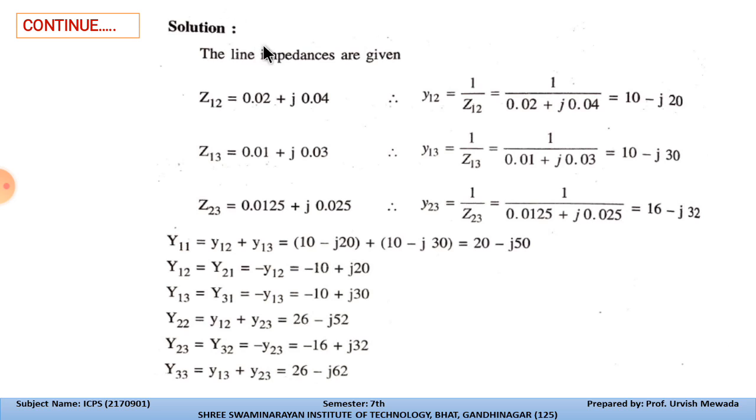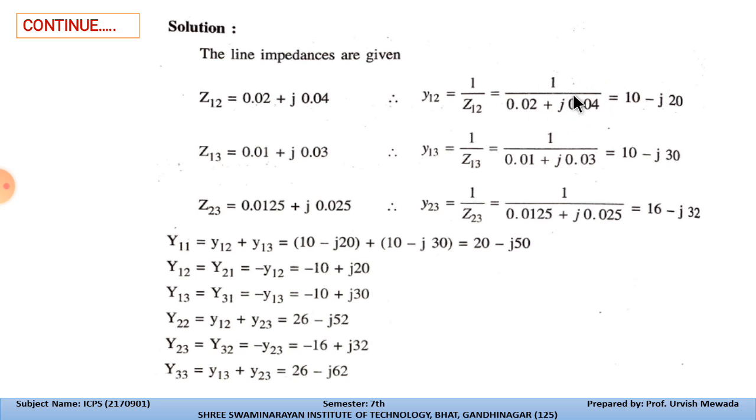Solution: the line impedances given are Z12, Z13 and Z23. From that we can determine Y12 is equal to 1 upon Z12. It is obvious that admittance is the reciprocal of impedance, so Y is equal to 1 upon Z. For Y12 that will be 1 upon Z12, where Z12 is 0.02 plus J0.04.